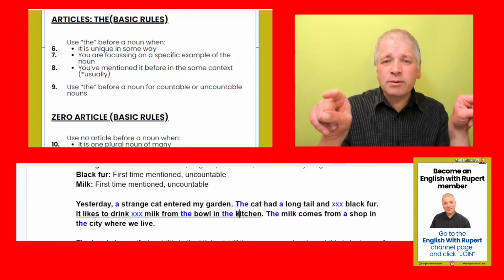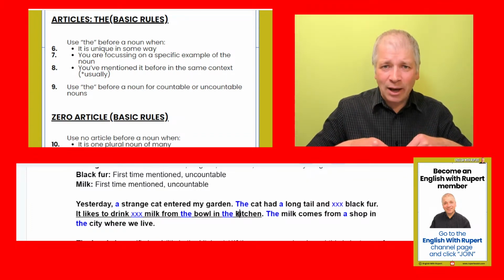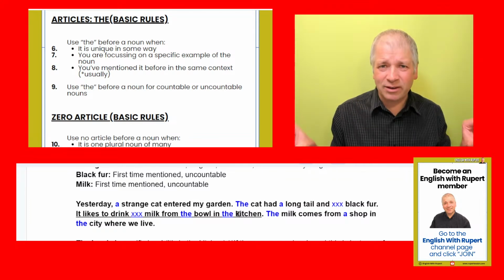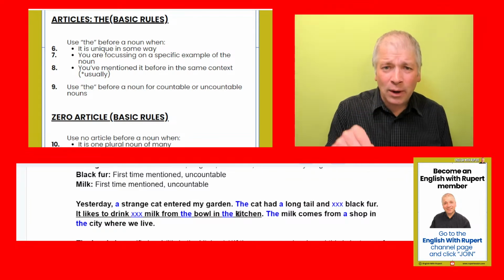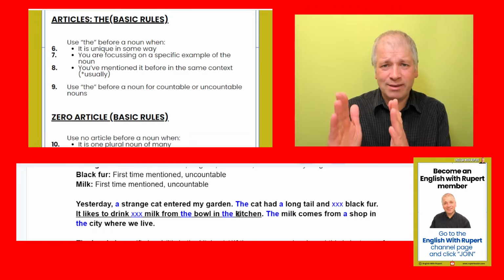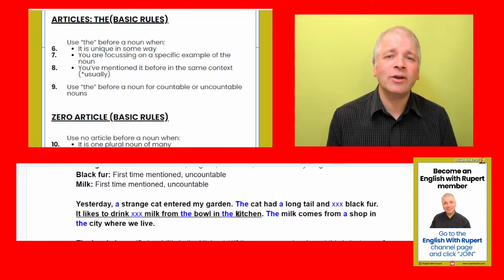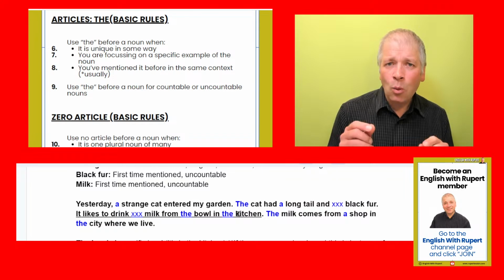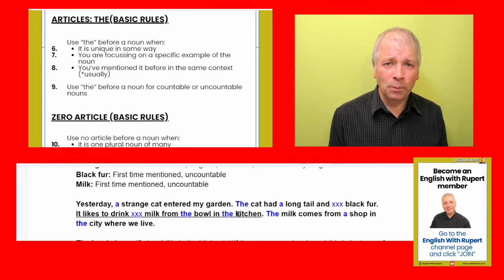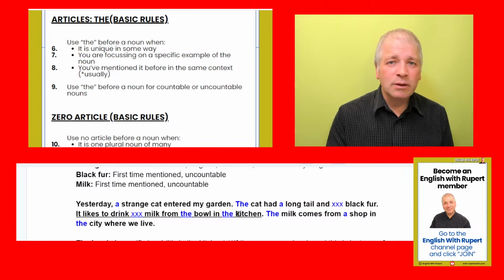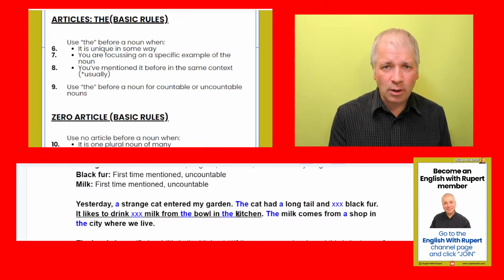But as soon as I define the area, and I put it in a phrase that's attached to the noun, so they're not separated, it's the bowl in the kitchen. I've got a preposition phrase, in the kitchen, attached to the bowl. As soon as I do that, I've specified the area where I find a bowl, so the bowl becomes specific. There's only one in the kitchen. There's only one in that area.